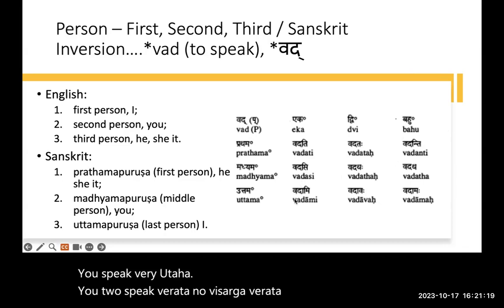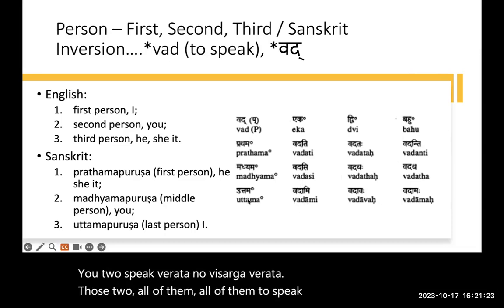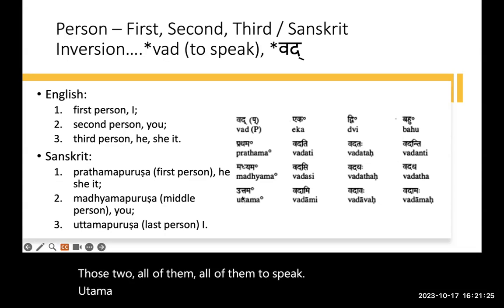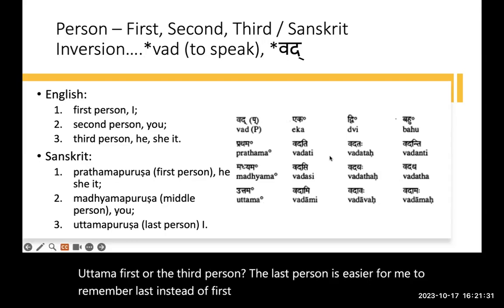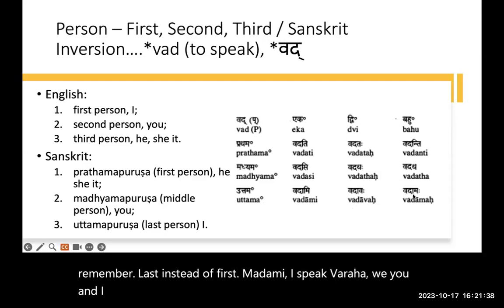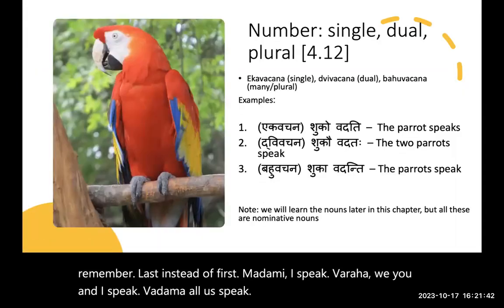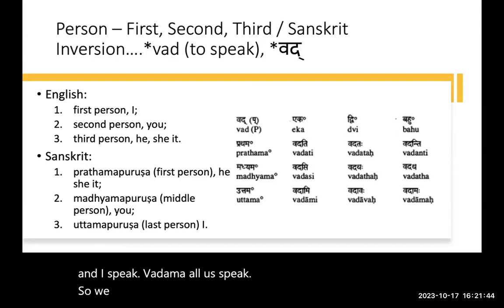Vadata, all of you speak. Uttama, the last person. It's easier for me to remember last instead of first. Vadami, I speak. Vadavaha, we, you and I speak. Vadamaha, all of us speak.